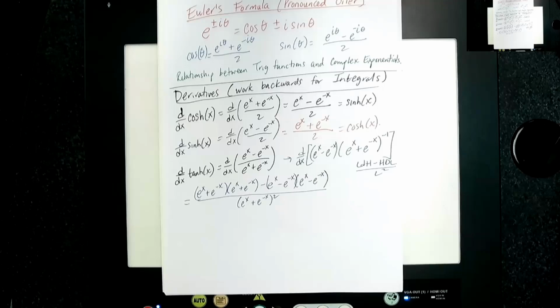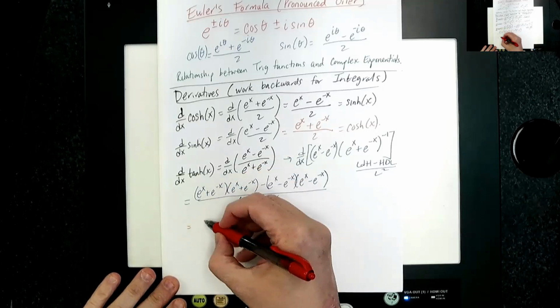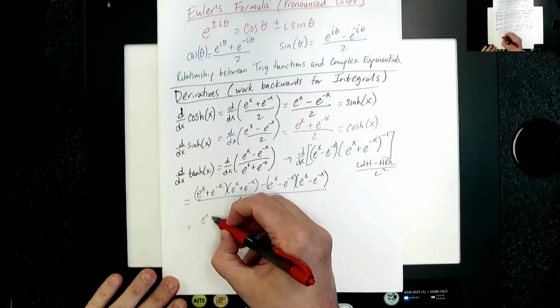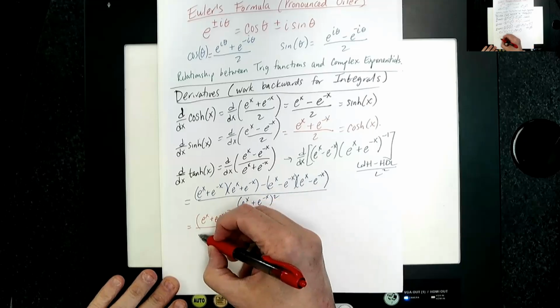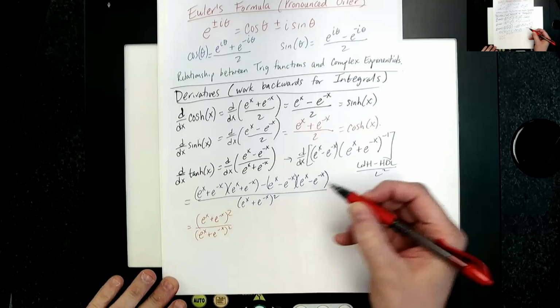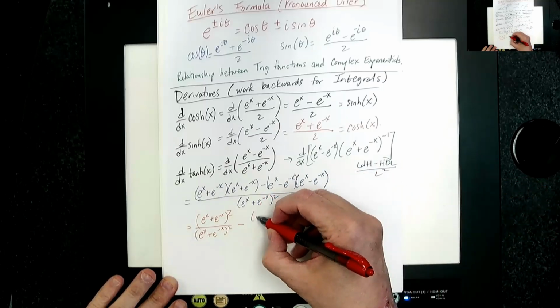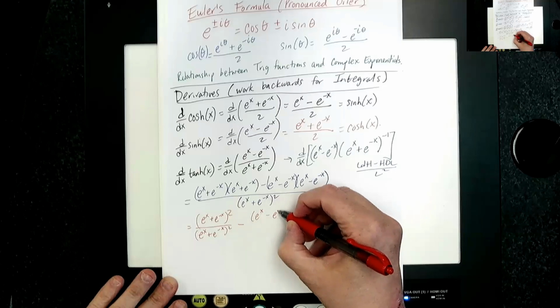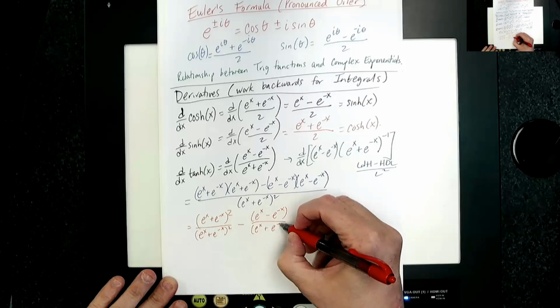But if I separate this, on top the first set is e to the x plus e to the negative x squared. And that's what we have on bottom too. That's convenient. And we have minus e to the x minus e to the negative x, e to the x plus e to the negative x.